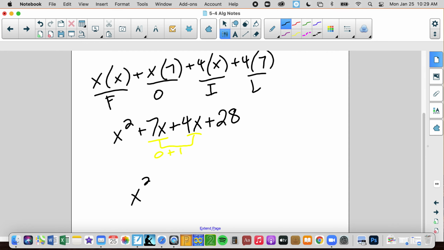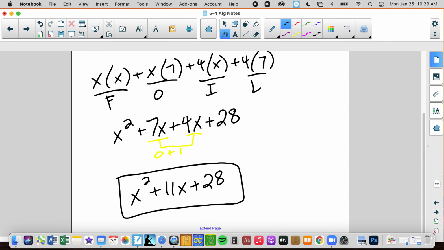So you're left with x squared plus 11x plus 28. That would be your answer, the product of those two binomials. You'll notice that this is your first, this is your last, and this ends up being the outside plus the inside, so the sum of those two.